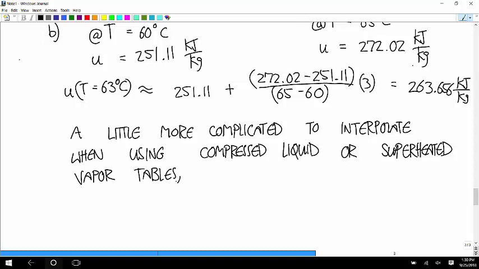And the reason for that is because each property is a function of two independent variables now.